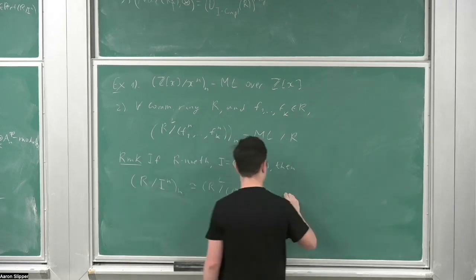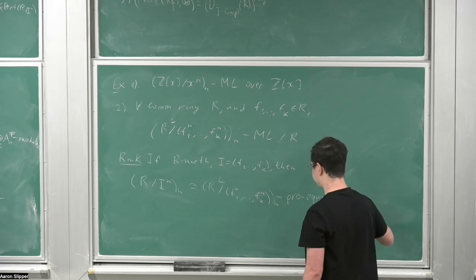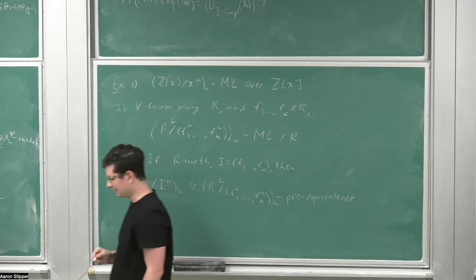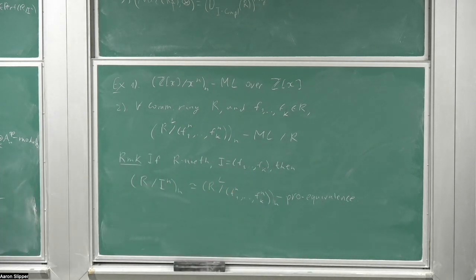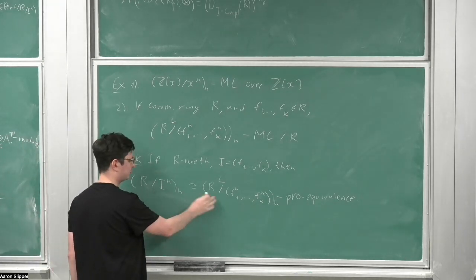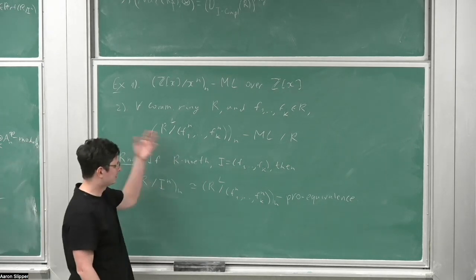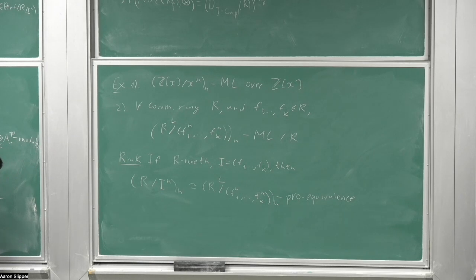So this is a pro-equivalence. And so if we are interested in, for example, derived inverse limits, it doesn't matter whether we consider this quotient or this derived quotient. And for the second version, we have this Mittag-Leffler condition.